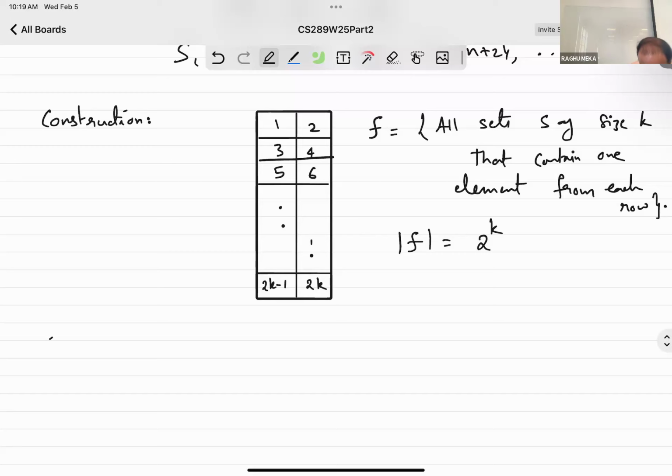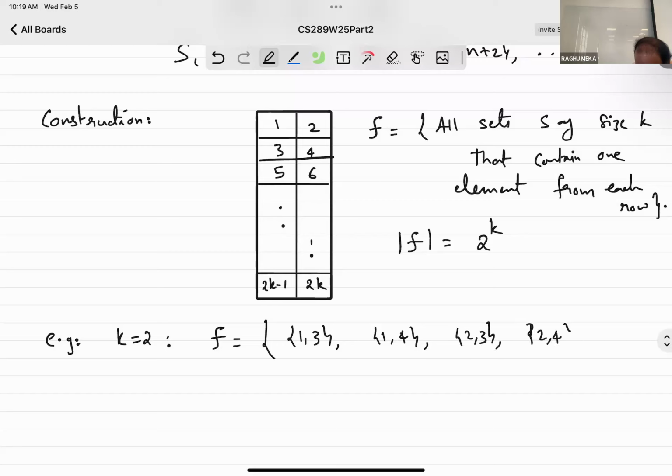Okay, so for example, if K equals 2, then F is essentially 1 comma 3, 1 comma 4, 2 comma 3, 2 comma 4. Okay. And my claim is that this family does not contain a 3 sunflower.